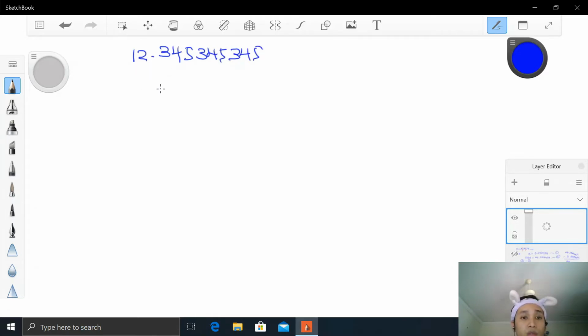What I'm going to do is separate the 12 from the decimal. So I'm going to make it like this: this equals 12 plus 0.345345. Then I'm going to do the same thing as I did earlier.